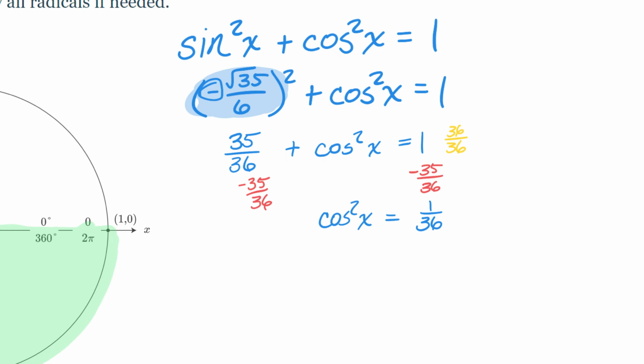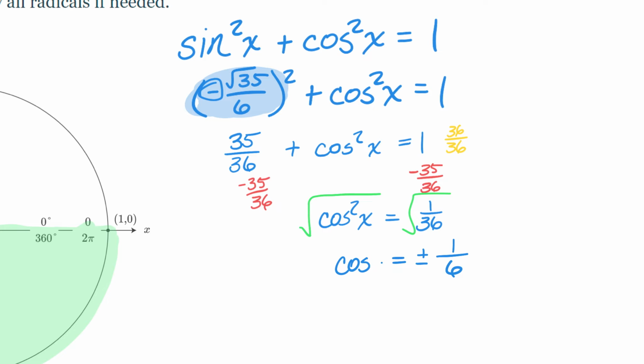In order to get cosine by itself, we need to take the square root of both sides. And don't forget, when you take the square root of 1, it is 1. This is, of course, plus or minus. Well, the square root of 1 is 1, and the square root of 36 is 6. So this actually becomes 1/6.